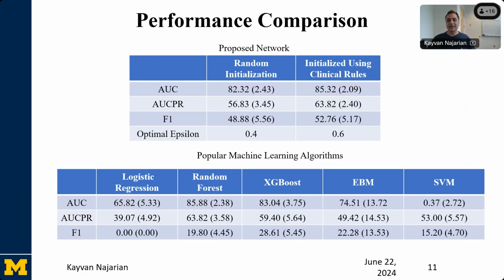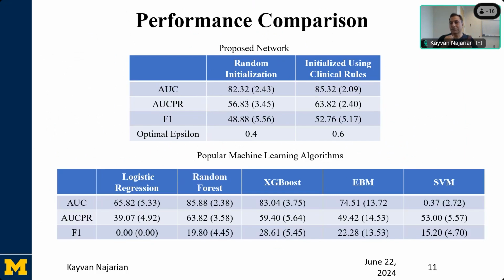In this case, as you see, I have two columns. Column one, random initialization, is where, just like any other machine learning technique or neural network, we start from random initialization, and you see the numbers that you get. But with this technique, we have the ability to initialize the network, the model, with the knowledge provided by the clinicians. As a matter of fact, we interviewed a number of clinicians, like cardiologists who focus on heart failure.